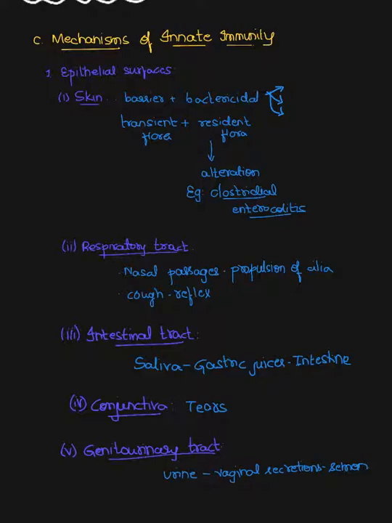Okay. Coming to the second one, the respiratory tract. In the respiratory tract, as you know, the nasal passages as well as the propulsion of the cilia and the cough reflexes play a very important role.